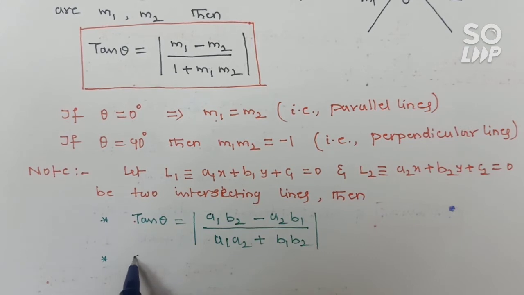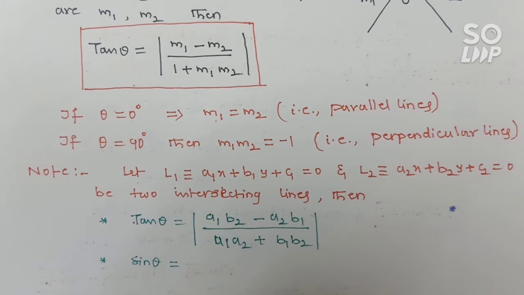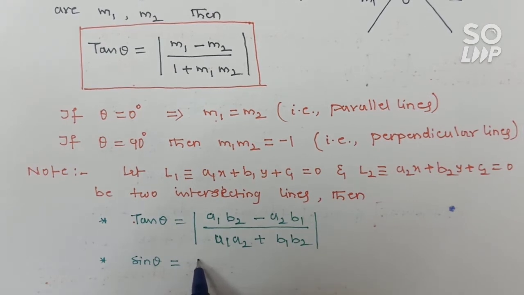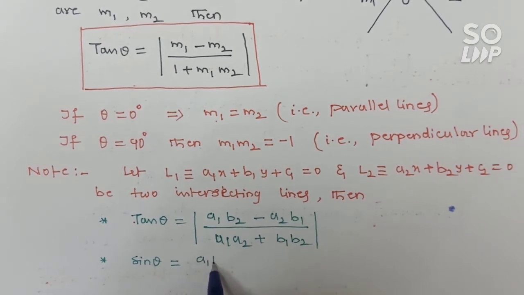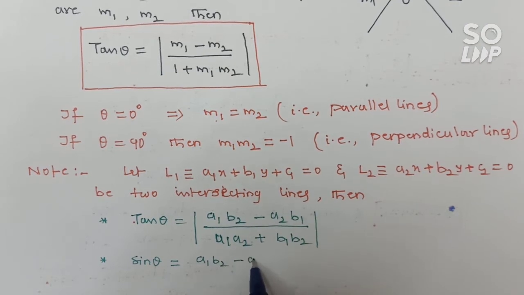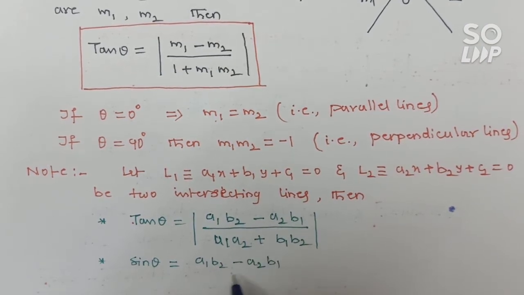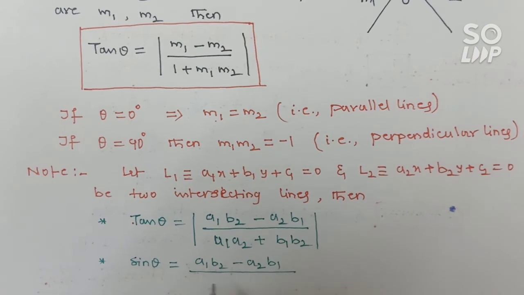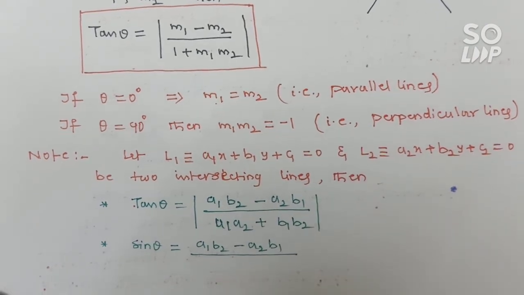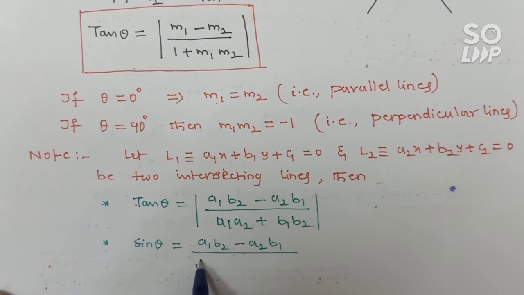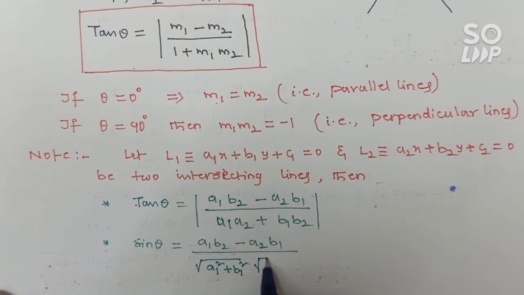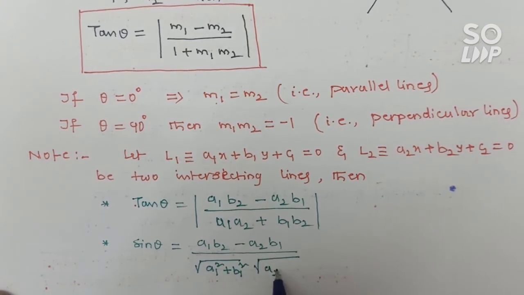Next, sin theta is equal to a1 into b2 minus a2 into b1, whole divided by root of a1 square plus b1 square into root of a2 square plus b2 square.